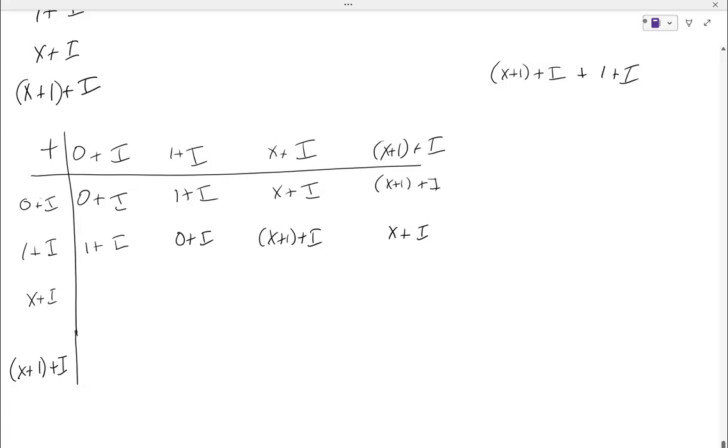You remember we add those two together, like so. But again, all of this operation is taking place in Z2. And 1 plus 1 would be 0 in that case.